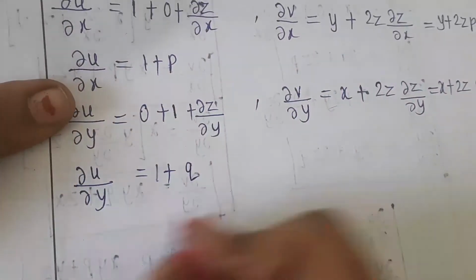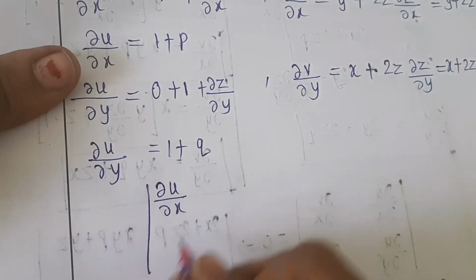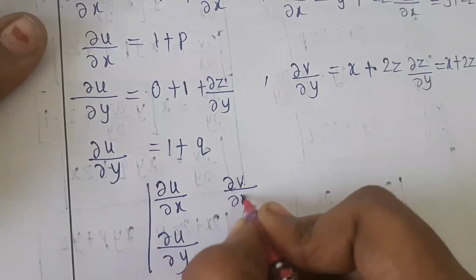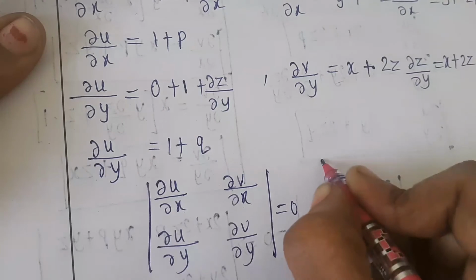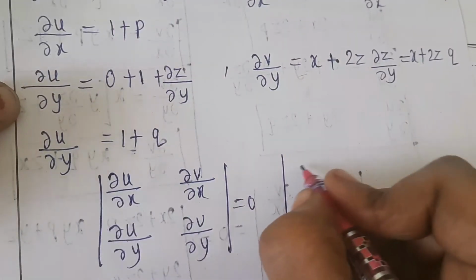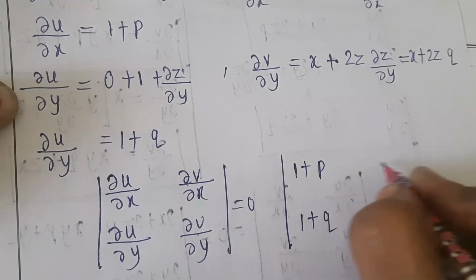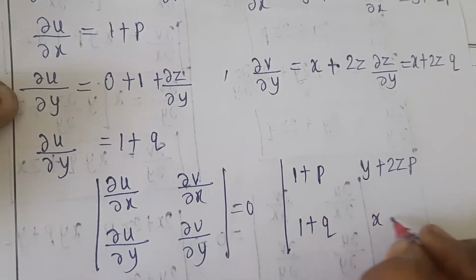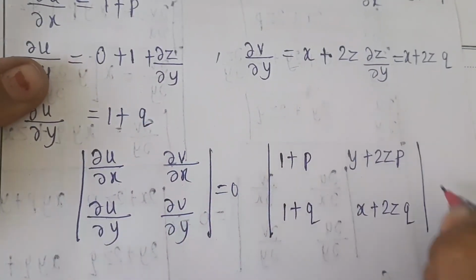So find the determinant: del u by del x, del u by del y, del v by del x, del v by del y. It is equal to 0. So the determinant is 1 plus p, 1 plus q, y plus 2zp and x plus 2zq. Simplify this and equate it to 0.